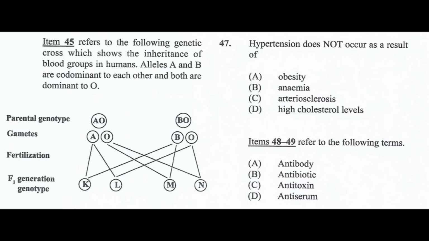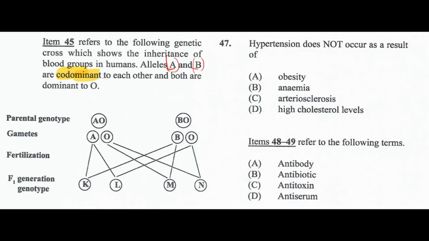Allele A and B are codominant to each other, and both are dominant to O. Basically, codominant means that you'll show both a phenotypic mix of A and B. If you have AO, you'll show A characteristics over O, and if you are BO, you'll show B characteristics over O. But if you have AB, you'll show a mix of both A and B. Hence why it says they're codominant, right?